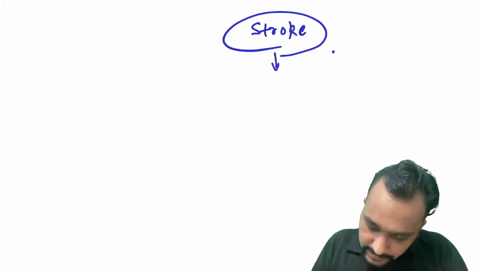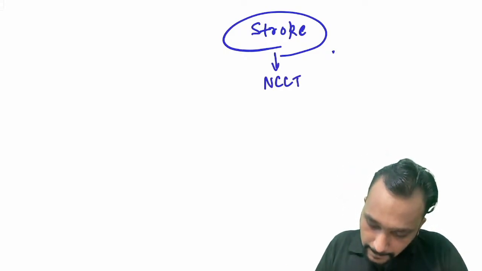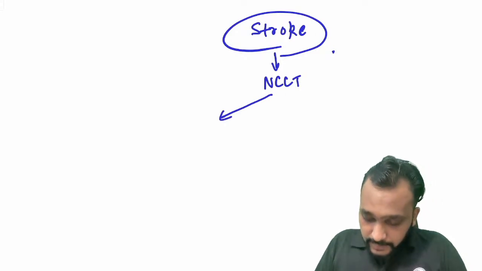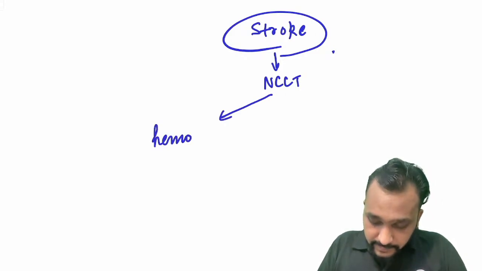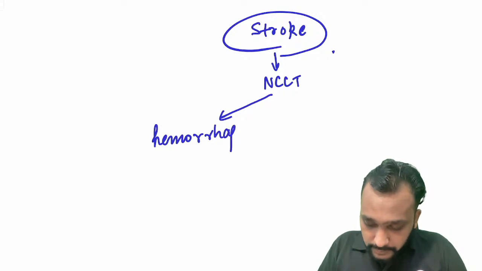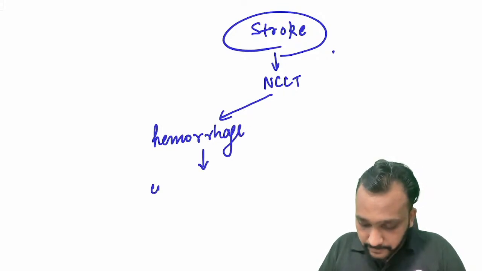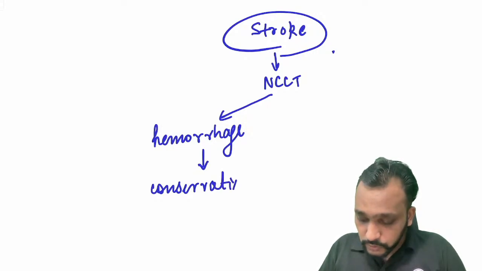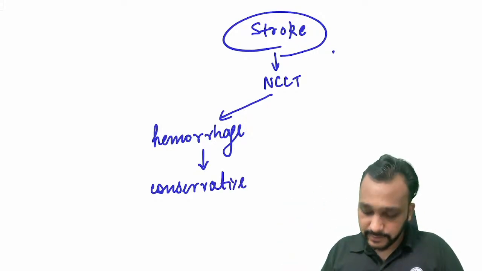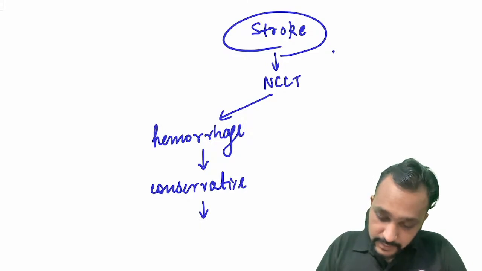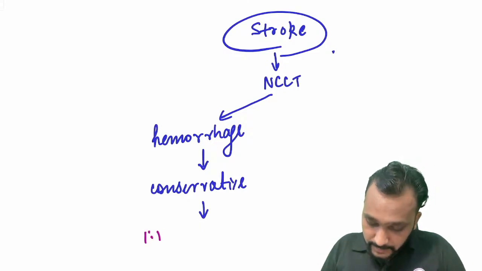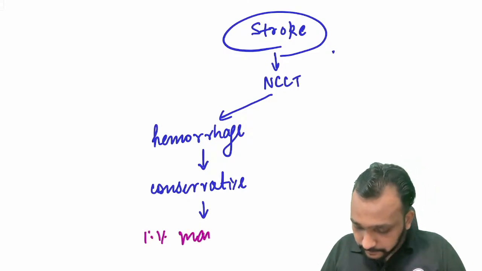You go for NCCT head for this patient, okay? If there is hemorrhage, mostly you will go for conservative management, which will be in the form of reducing the intracranial pressure, and intracranial pressure is reduced by giving IV mannitol.